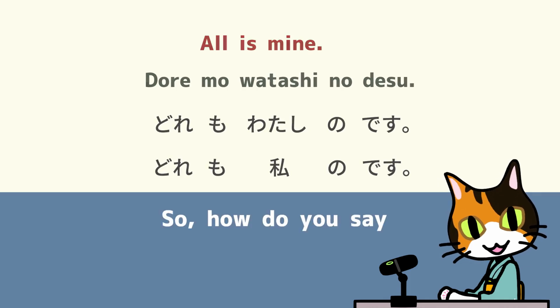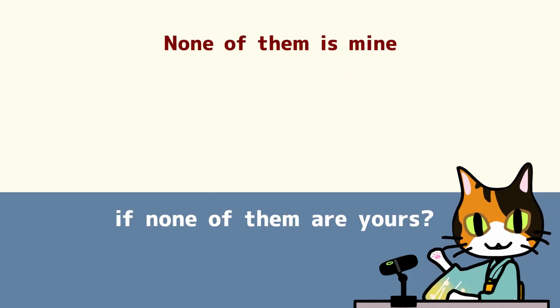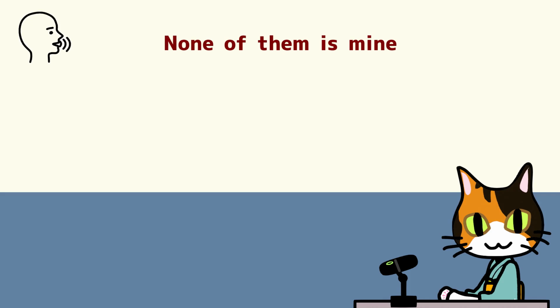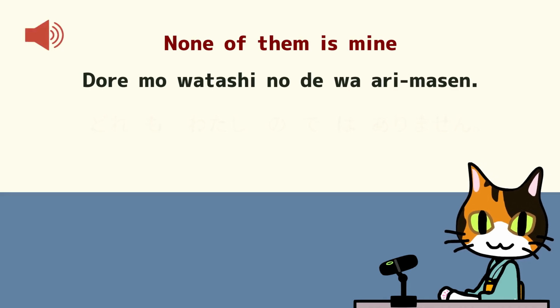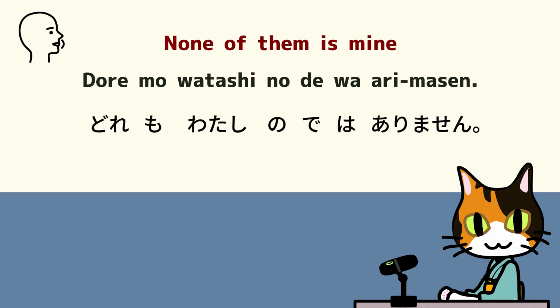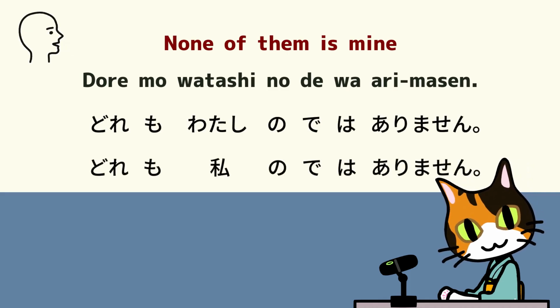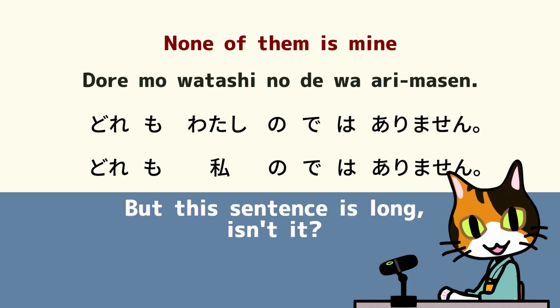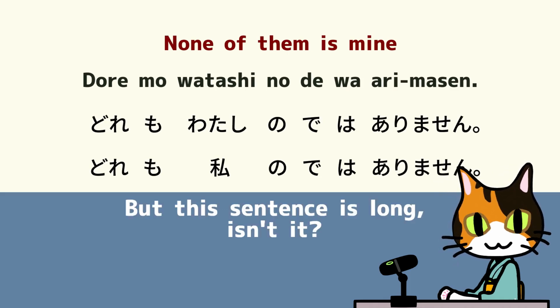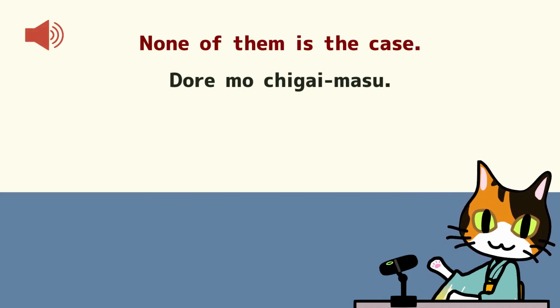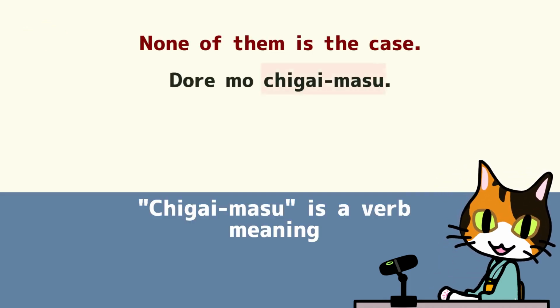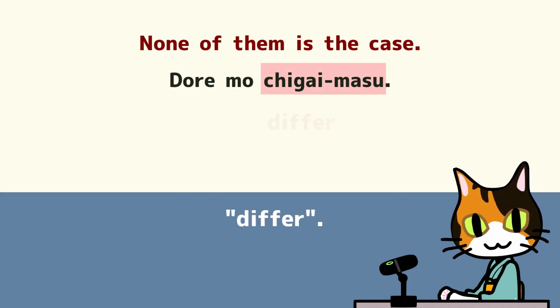Great. So, how do you say it if none of them are yours? Amazing. どれも私のではありません。 Fantastic. But this sentence is long, isn't it? Let's learn a shorter, more versatile phrase. どれも違います。 Chigaimasu is a verb meaning "differ."